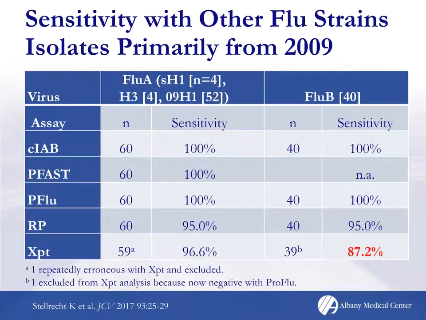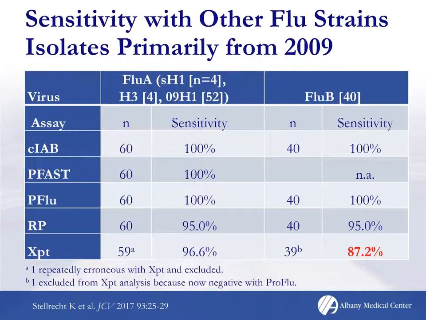Because we knew there was something strange with these viruses circulating, we took a lot of other viruses out of the freezer. Most of them were from a collection that we had from 2009. In that collection from 2009, we had 4 seasonal H1s, a few more H3s, but they're mostly all the pandemic 2009 H1N1s.